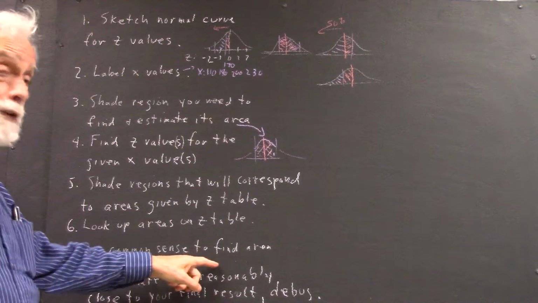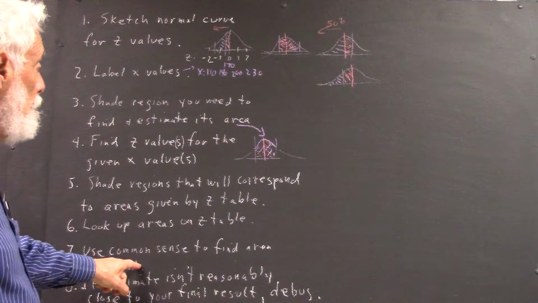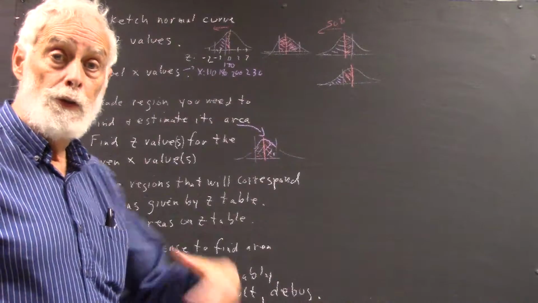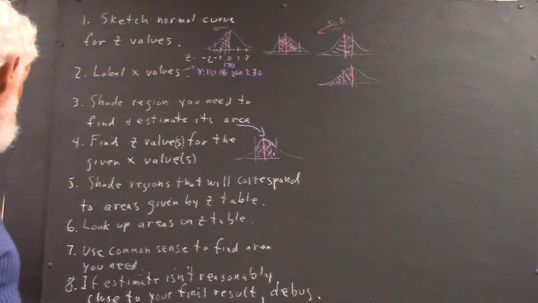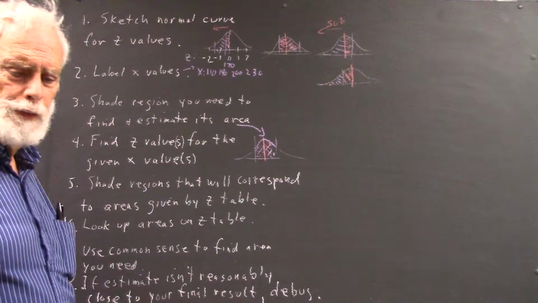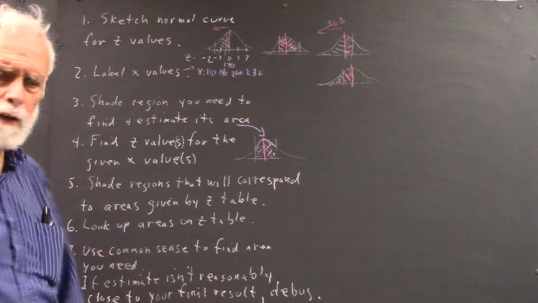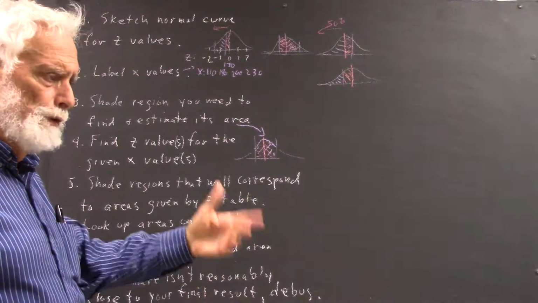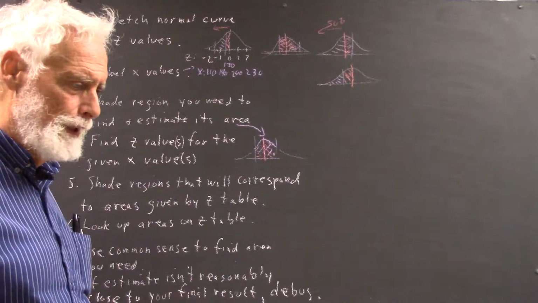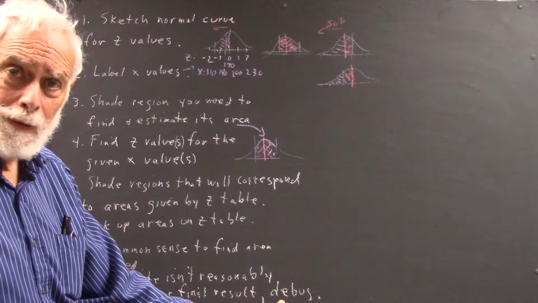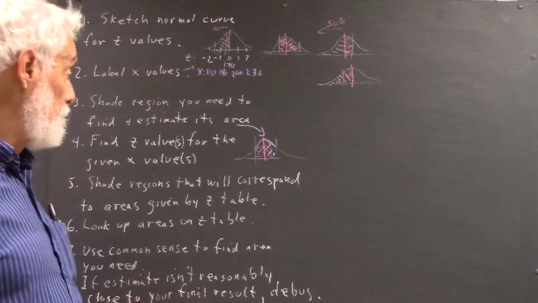And if your common sense is working, the area you need is going to come out reasonably close to your estimate. Okay? So if you have an estimate of 70%, and when you use your z-values and calculate what you think is the right answer, you end up with 12%, you know there's something seriously wrong.